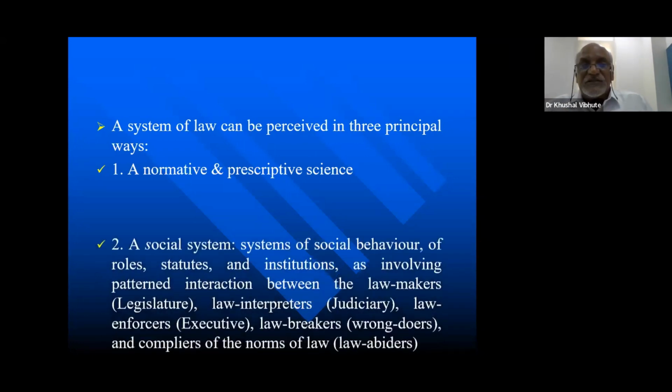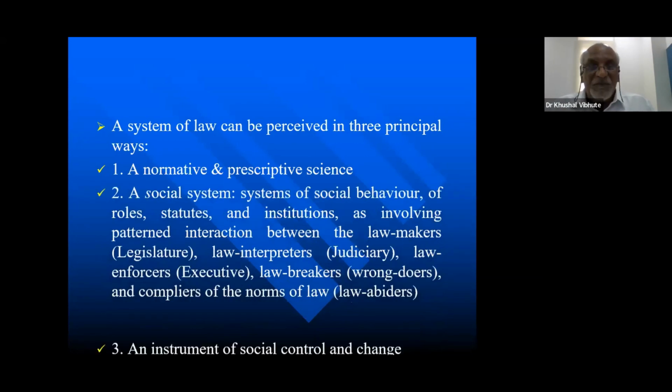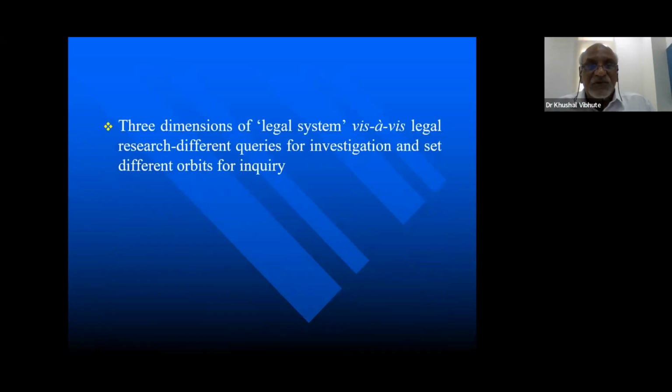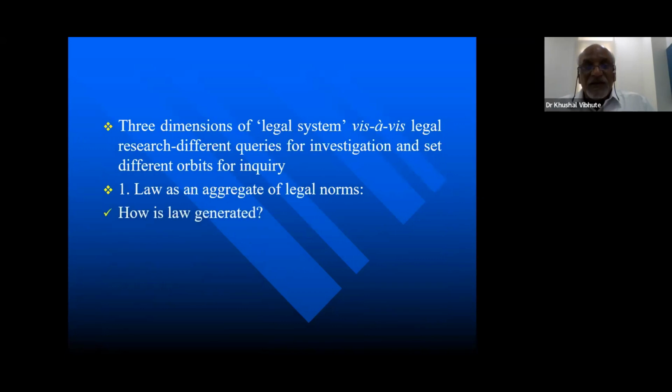Now, for example, I can look at how law is generated. Because how it is generated, why has this norm been converted into a legal norm? Why has bigamy come as a legal norm?